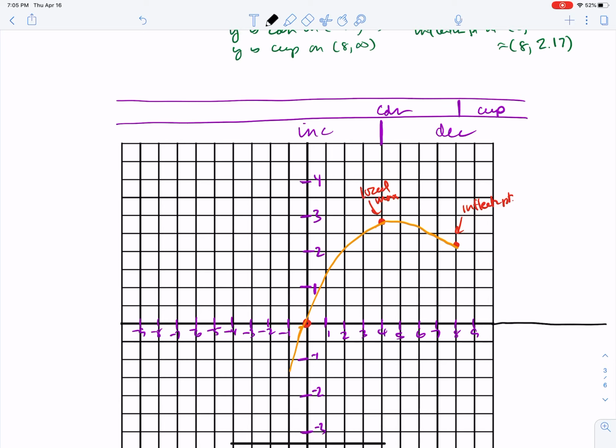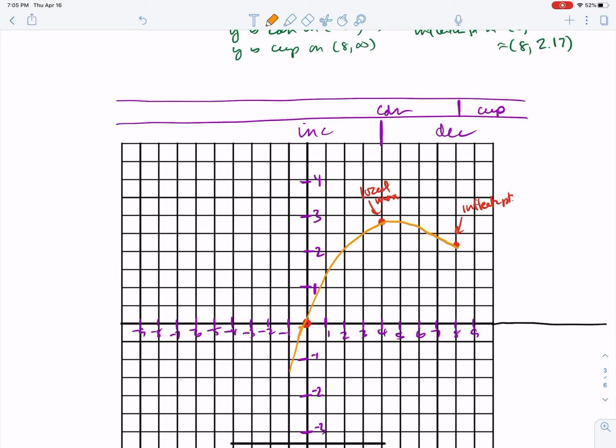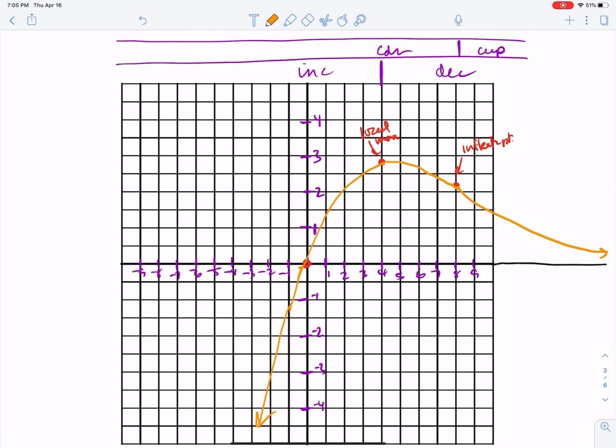This is a horizontal asymptote out here. And so what's going to happen is I'm now concave up, but I'm going to be going off and getting closer and closer to the horizontal axis there. And on this side, I'm going off toward minus infinity. And so this is a decently careful graph of this function.